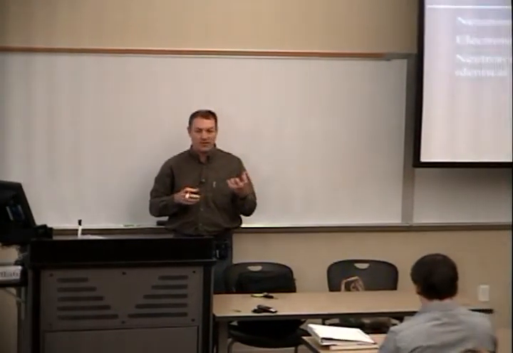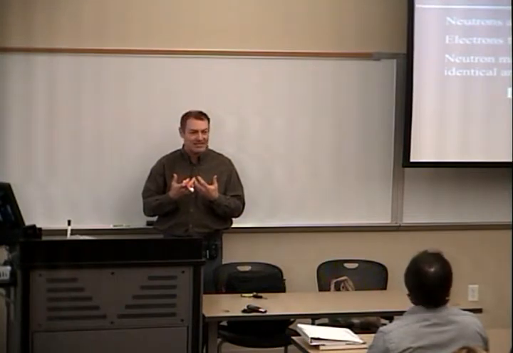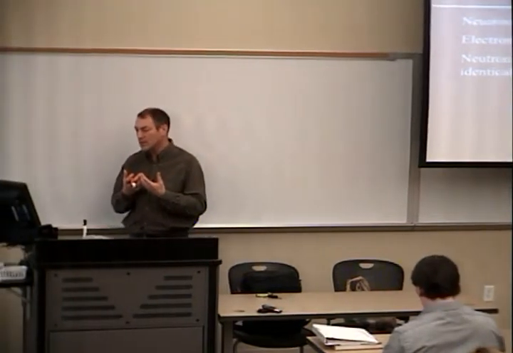Now, neutrons and protons, they both have a mass, as do electrons. And the mass of a proton and the mass of a neutron is about the same. In fact, neutrons are very slightly heavier. They've got slightly greater mass than protons, but they're almost the same. And we've got a unit of measurement called the Dalton, which we use to measure subatomic particle mass.